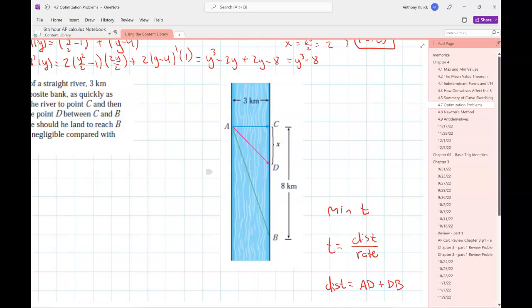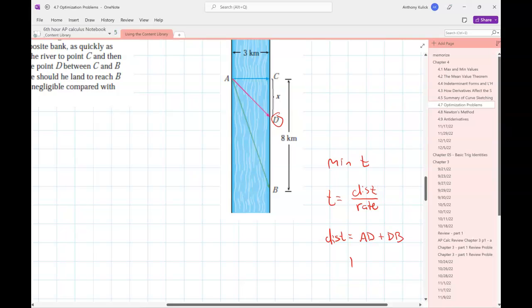I could propose a D spot, but what if going to C and running, or just going to B, is fast? Well, D is going to vary between C and B. Where D is going to be some point along that bank between and including C and B. So yes, that's going to include row straight over and then run the whole way, or just row straight to the point and do no running, or some option in the middle.